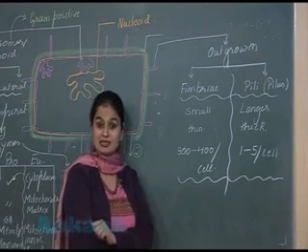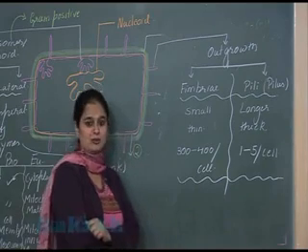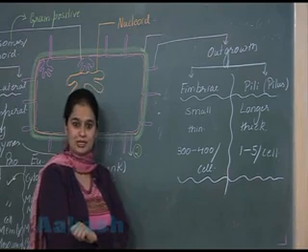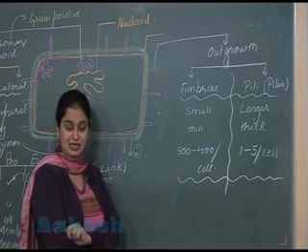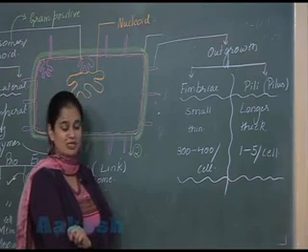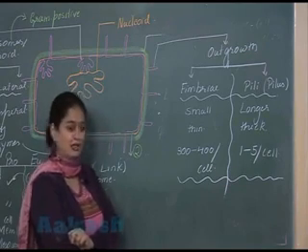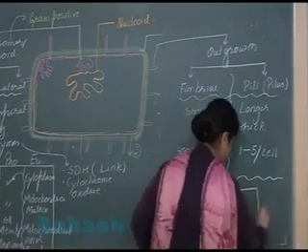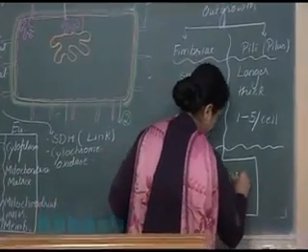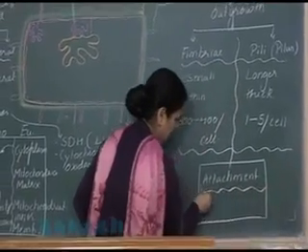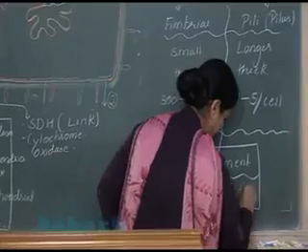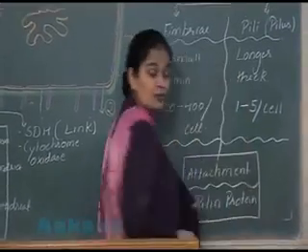Second similarity is that both of them are made up of the same type of protein, that is pilin protein. So the two similarities: one, they help in attachment, and second, they are made up of the same type of protein, that is pilin protein.